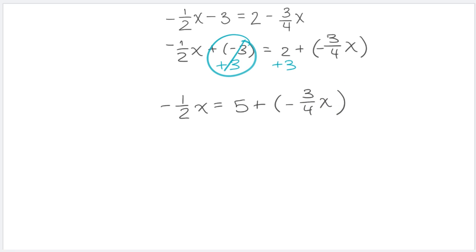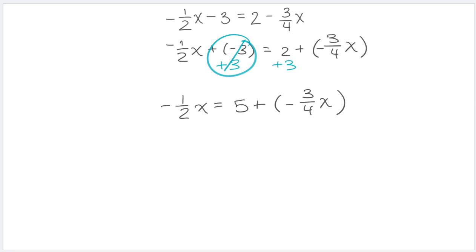And now I'm going to ultimately move this -3/4 x to the left side of my equation, so that way I have two variable terms on one side of my equation, and then I can combine those like terms.